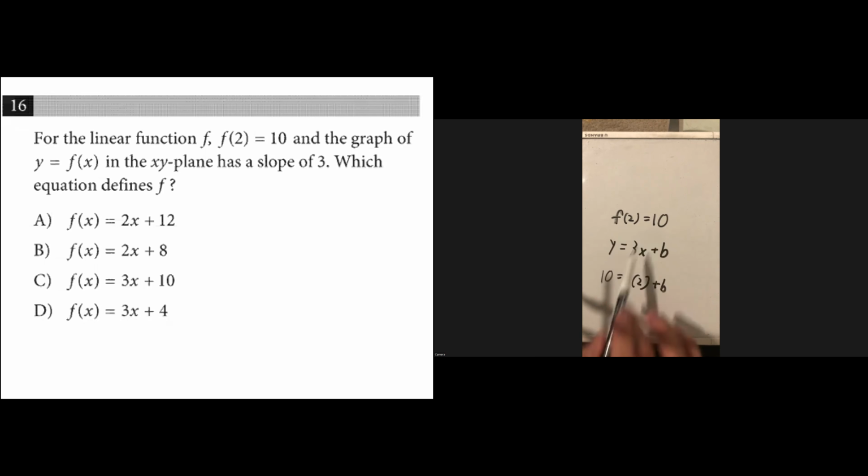So y is equal to 10, x is equal to 2, 3 times 2 is 6, plus b equals 10, 10 minus 6 equals 4, so b is equal to 4.